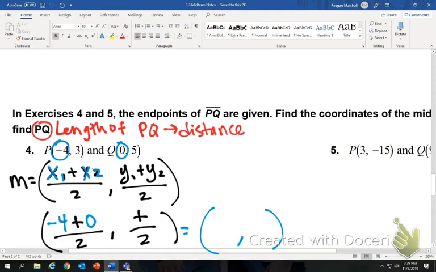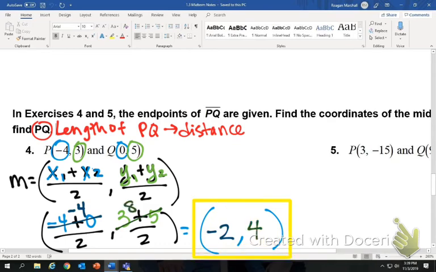I'll write an equal sign. -4 plus 0 is -4. -4 divided by 2 is -2. So that's the x of our midpoint. The y of our midpoint, we're going to add the 2 y's together, so 3 and 5. 3 plus 5 is 8. 8 divided by 2 is 4. So this is the midpoint. So we've answered the first part of the question.